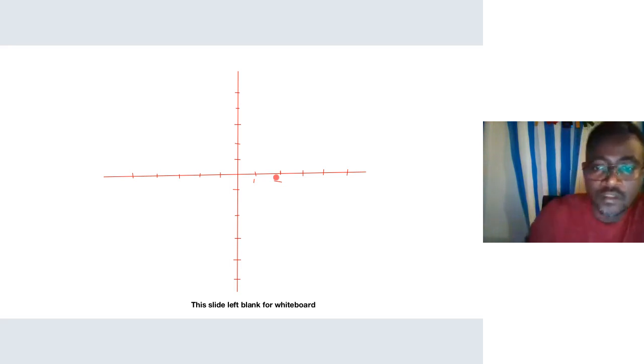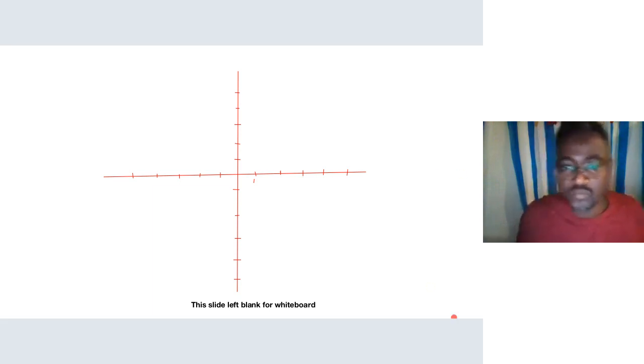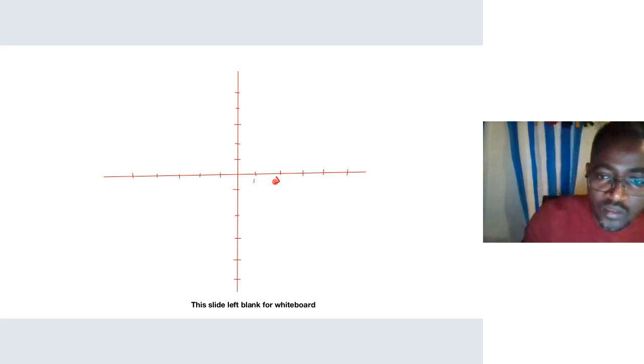So this is 2. Don't worry about it. I think you can easily identify them. My pen is too small. I don't know why. This is 2.